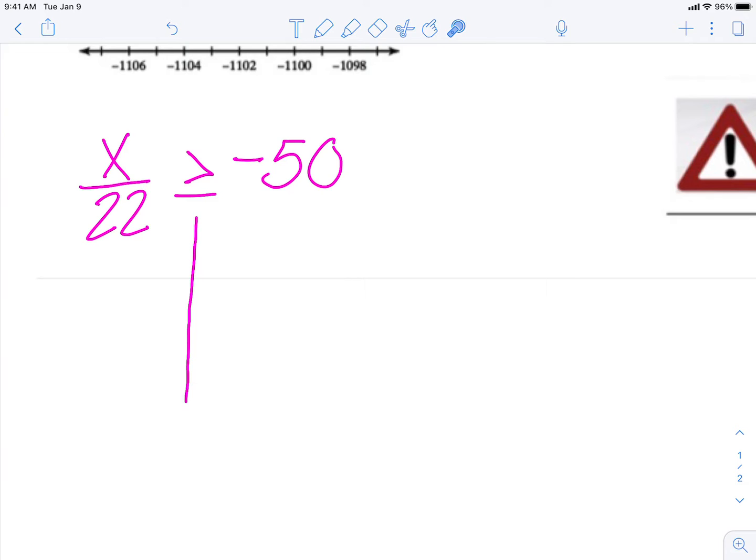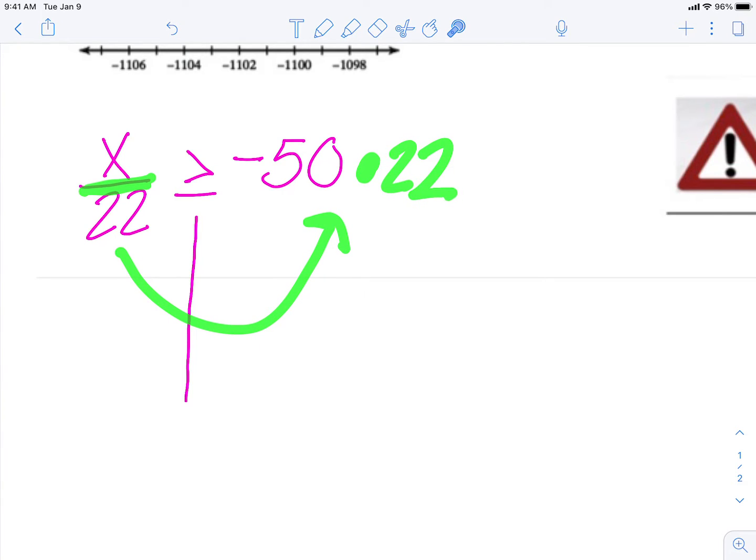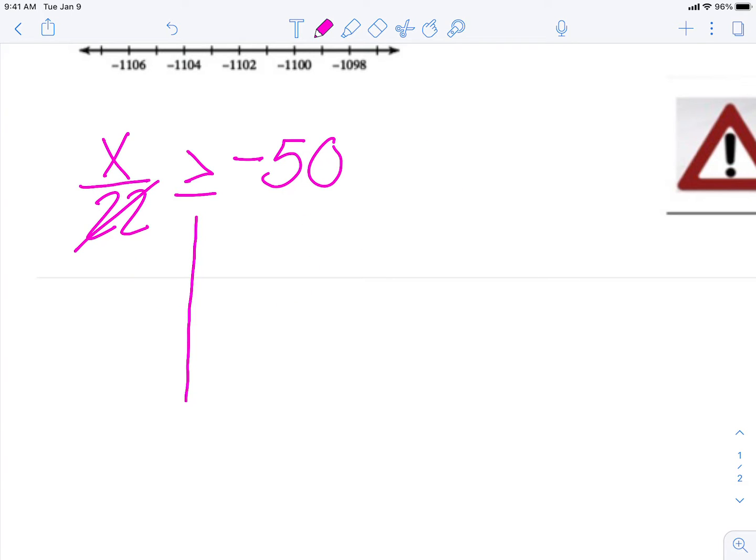What is the opposite of dividing by 22? Exactly, multiplying. So if I'm dividing by 22 here, when I move 22 over, I'm going to multiply by 22. So I'm going to cross out 22 and multiply by 22. My x comes down, so I know I'm going to have x.